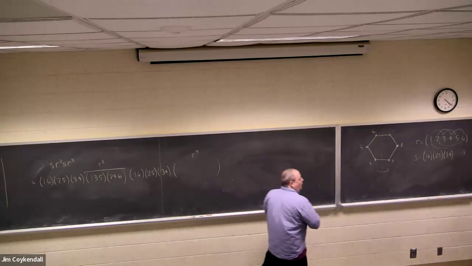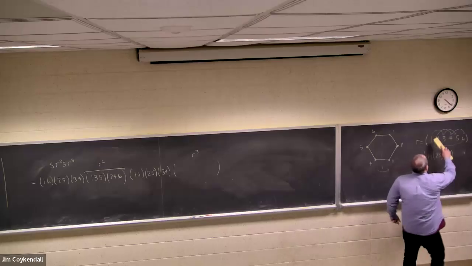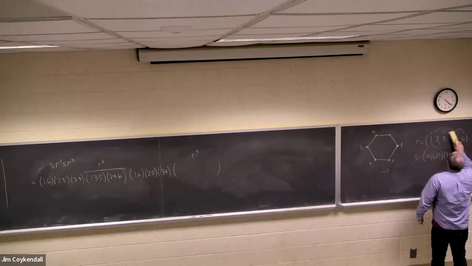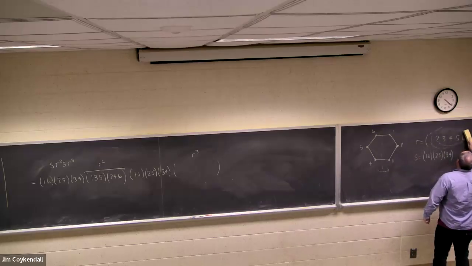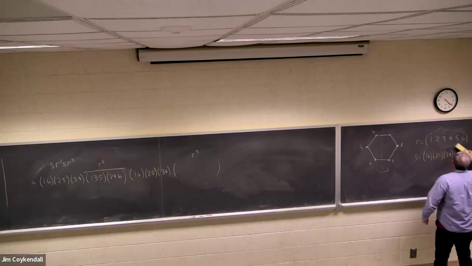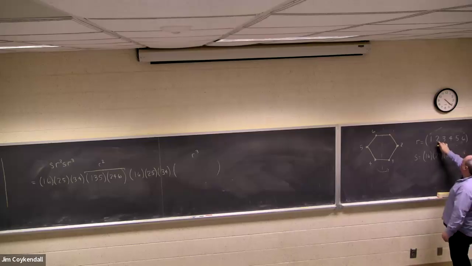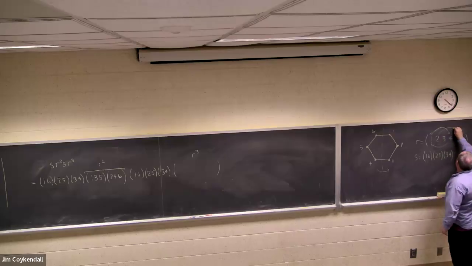So how about R cubed? I would guess what R cubed does is, that's R squared, R cubed. So let's jump 3. Oh, wow. So it swaps 1 and 4, 2 and 5, and 3 and 6.